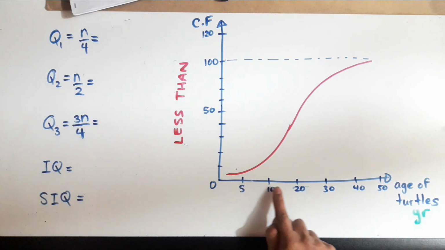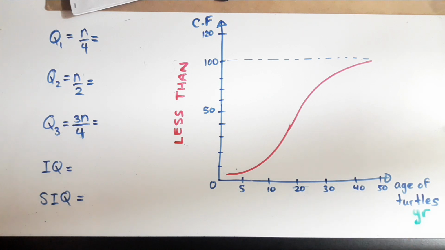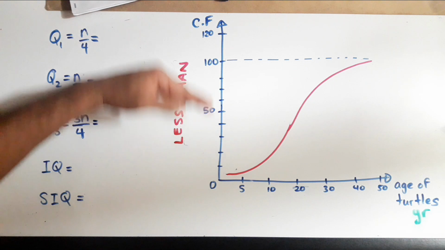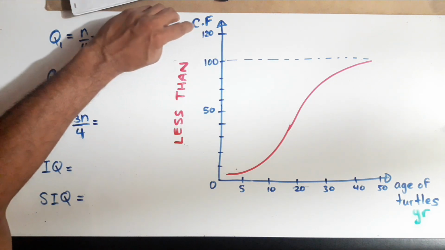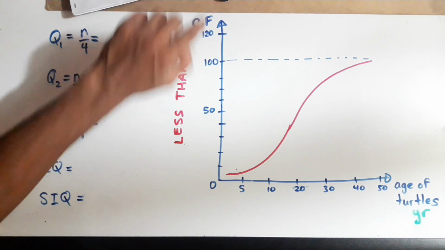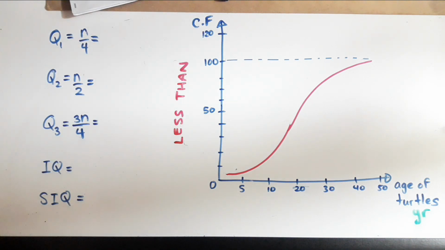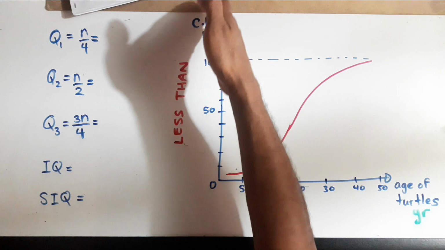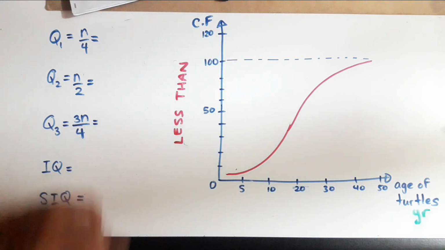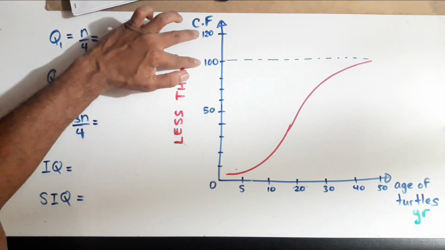This axis tells you the age of the turtles, not how many turtles. The y-axis tells you something about frequency, cumulative frequency. When you hear the word frequency, that is referring to how much of something you have. So you're more likely to find the number of turtles on the y-axis. So is it 100 turtles or 120?